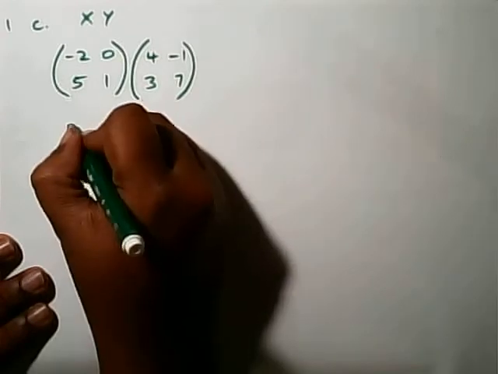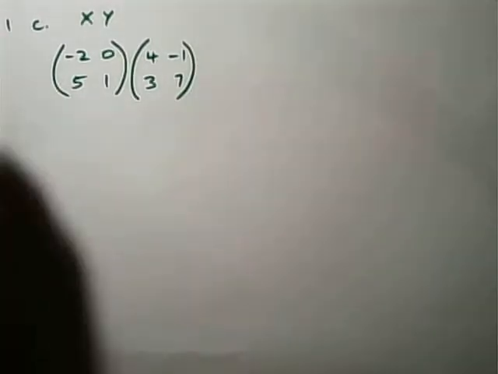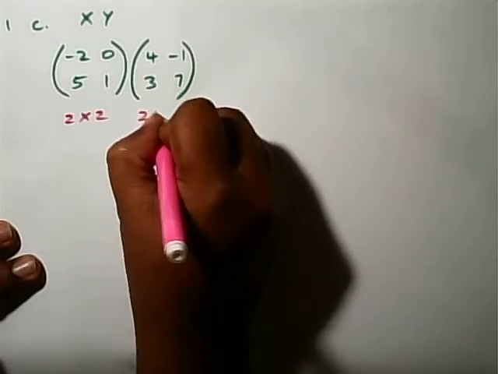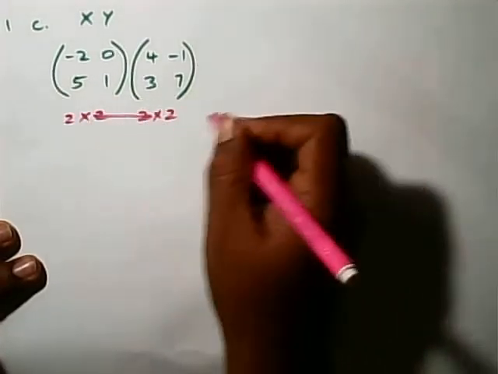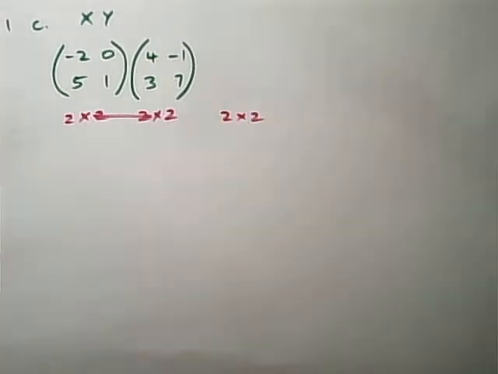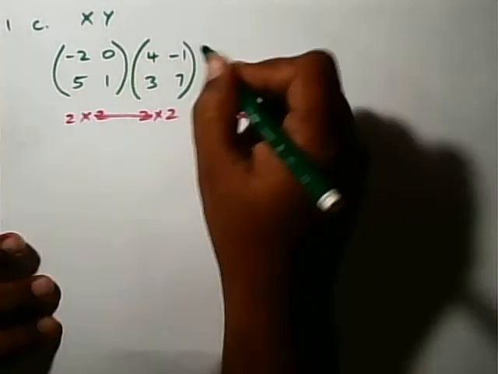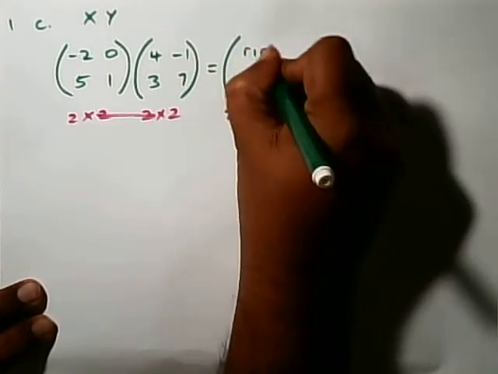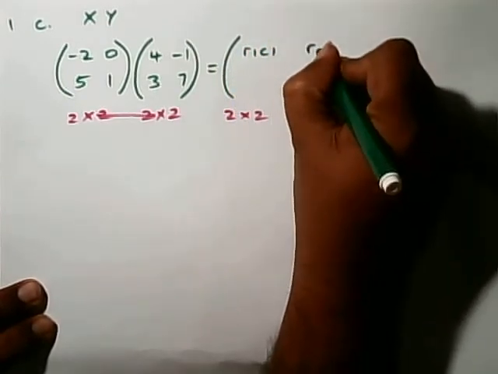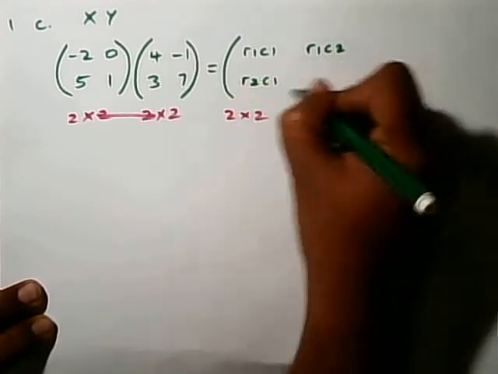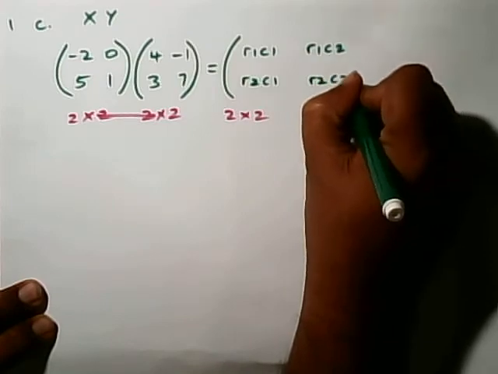Okay, this is a 2 by 2, 2 by 2. Scratch off the middle ones. You get answer 2 by 2 matrix. You get row 1, column 1, row 1, column 2, row 2, column 1, row 2, column 2.